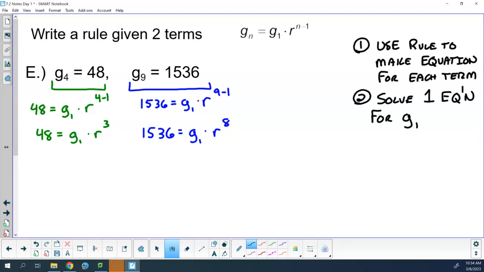Helpful hint, solve the one with the smaller exponent for g sub 1. Which one, blue or green, has the smaller exponent? Green does. So I'm going to solve green for g sub 1.